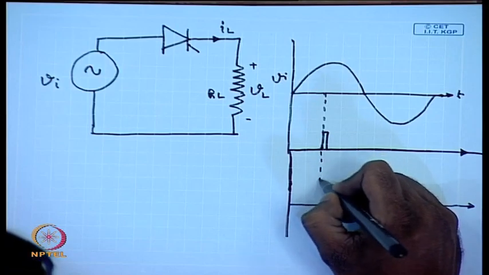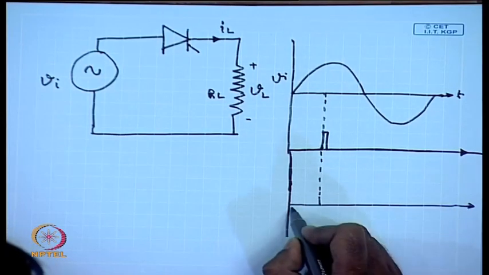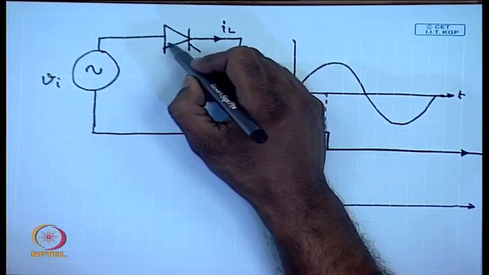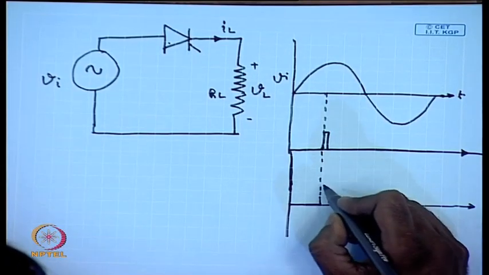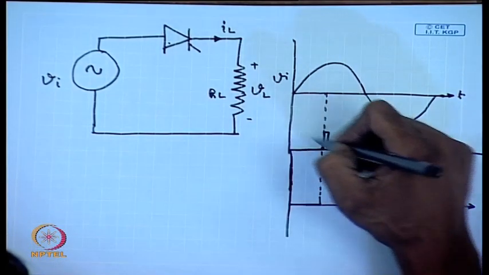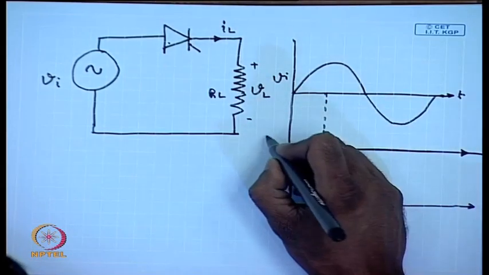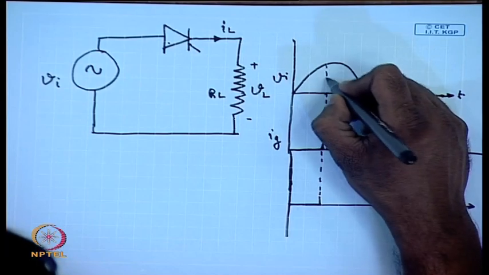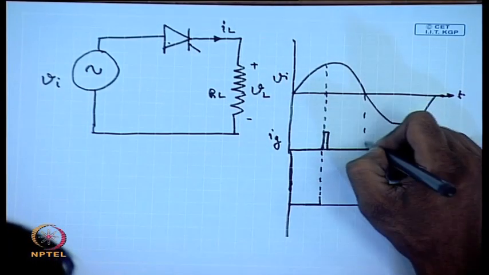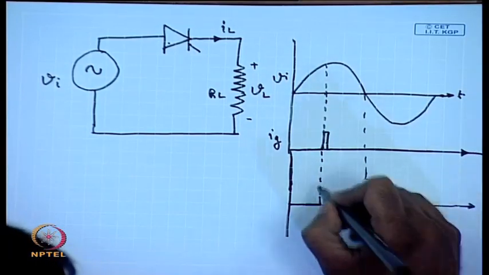In that case, V L up to this point, this device will behave as an open switch, and at this point when the large gate current is applied, then it will become a closed switch, and afterwards it will follow the input voltage.